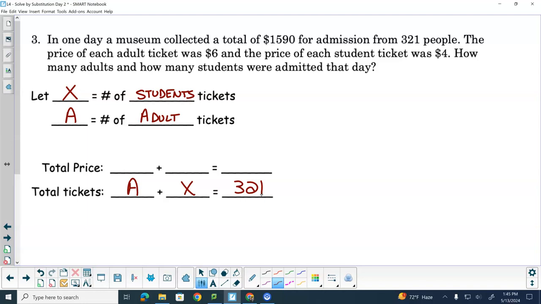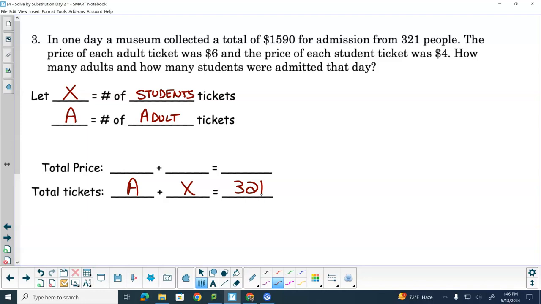For each adult ticket, because you have to buy a ticket to get into the room, right? At the museum, you have to pay to play. So every adult paid how much? $6.